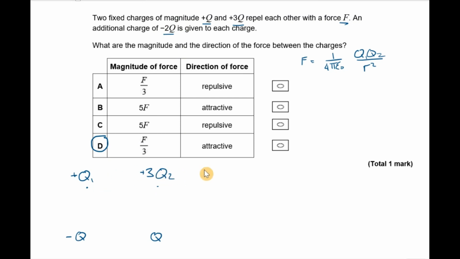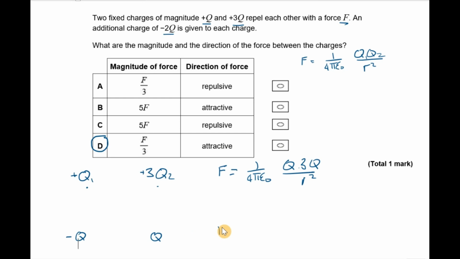Let's look at this force from the first example, or the first consideration. Force is 1 over 4 pi epsilon 0, then we've got Q multiplied by 3Q over a distance squared.